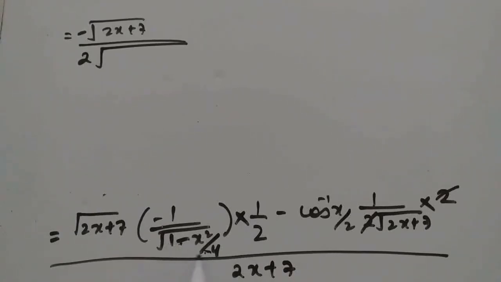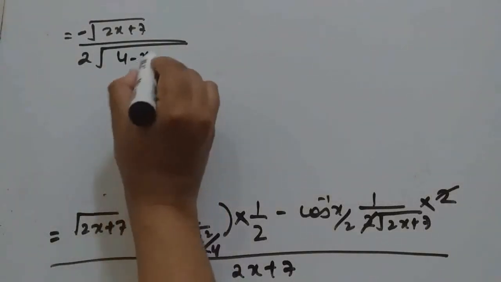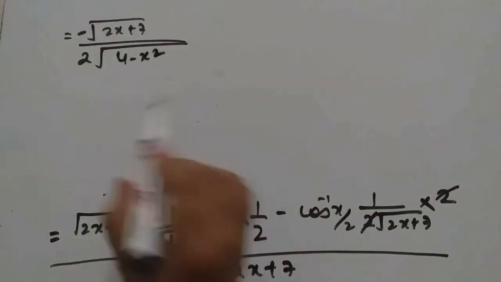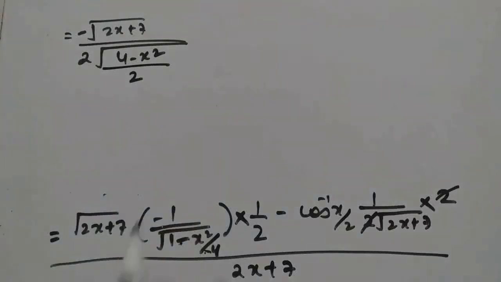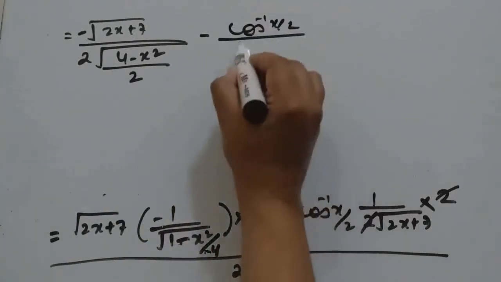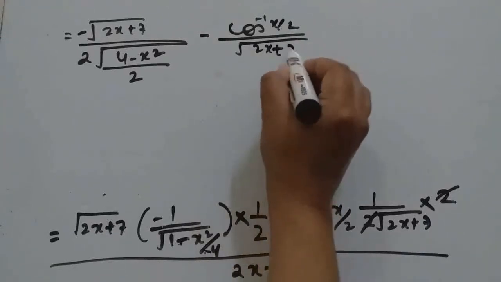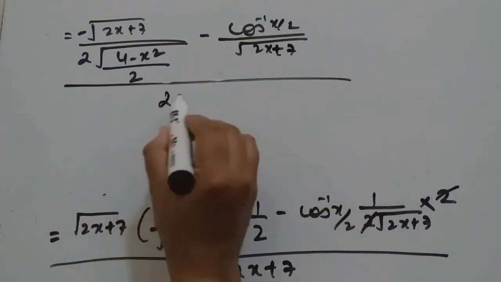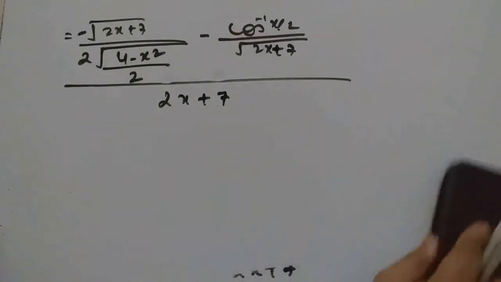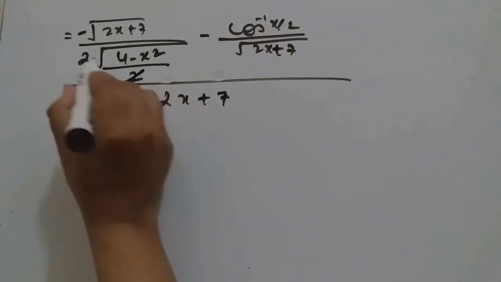So 4 minus x square divided by 4, so that 4 will come out, it will become 2, minus cos square x by 2 divided by root 2x plus 7, whole divided by 2x plus 7. So 2 will go here.